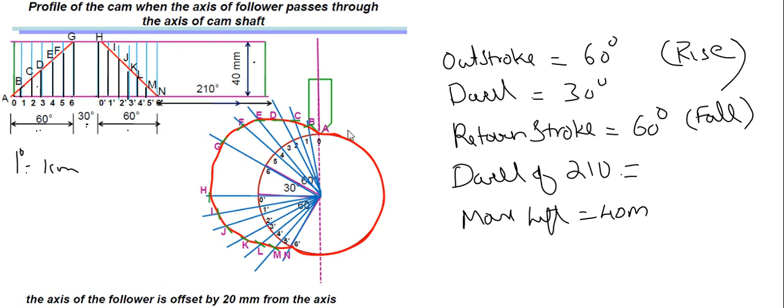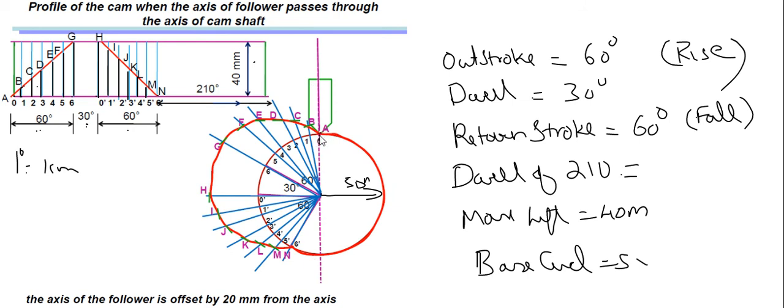We should be able to draw a base circle. Base circle will be given. Let's assume base circle is 50 mm. So we should be able to draw a base circle of 50 mm. Then again it should be scaled. Then we should keep the follower at the vertical passing through the center.